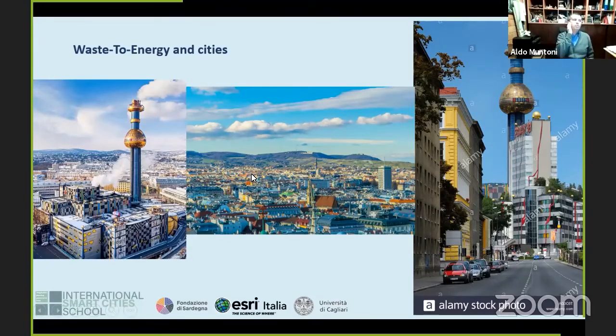So why am I showing this picture? I'm showing this picture because I want to underline the difference between Italy and other countries such as Germany or Denmark or Austria or Sweden. And the approach to plants like this is completely different, because in those countries, the people fully rely on the control system.